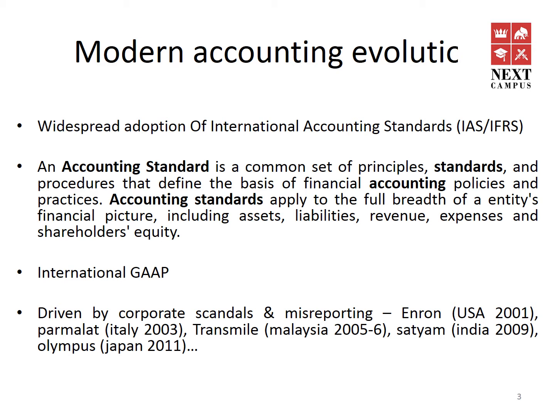One is, your first bullet point, International Financial Reporting Standards. We call it IFRS, International Financial Reporting Standards, International Accounting Standards. And also your third bullet point in the slide, it's International GAAP. GAAP means Generally Accepted Accounting Policies.